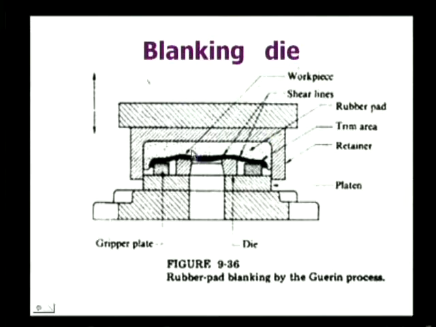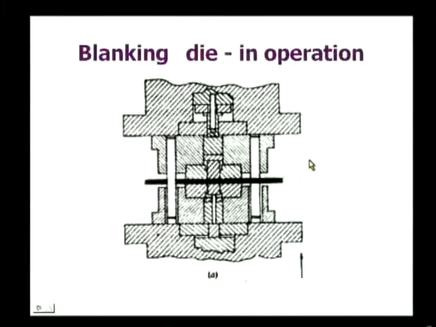This is a special type of blanking die which uses the Guerin process, so a special formed component can be manufactured. This is a rubber one, and when the pressure is applied by the ram, it is shaped to a special shape. Thus, the required shape can be formed by using these blanking dies.